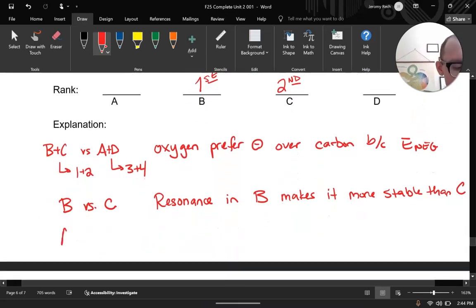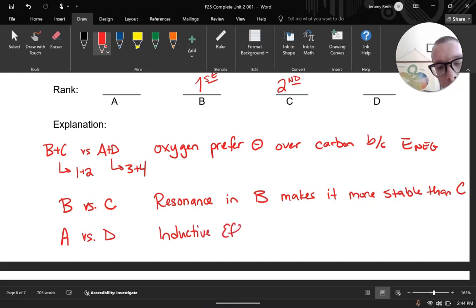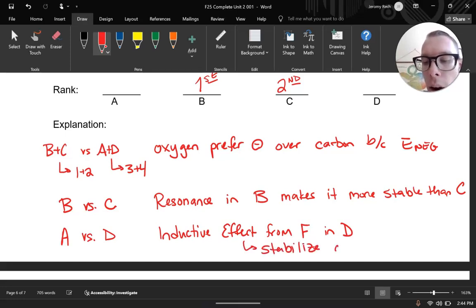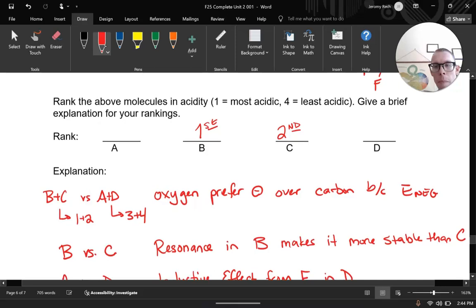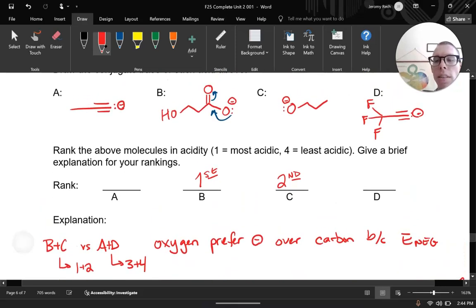So in my A versus D, we're going to have inductive effect from our fluorines in D, and that is going to help stabilize our conjugate base. Because D has some ability to have inductive effect, I'm going to give this a ranking of third, and A a ranking of fourth.